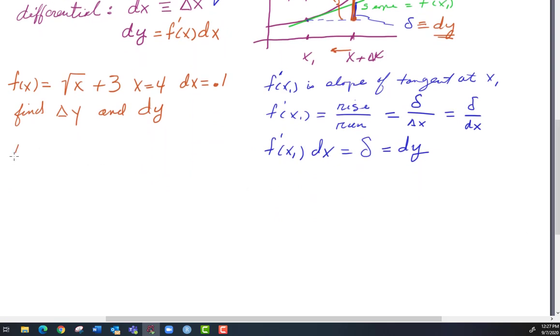So maybe let's do delta y first. So delta y would be f of x1 plus delta x minus f of x1. You see, because x is given as 4 and dx is given as 0.1, and dx and delta x are the same thing.